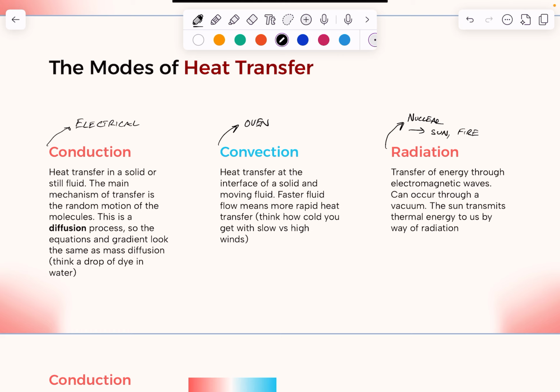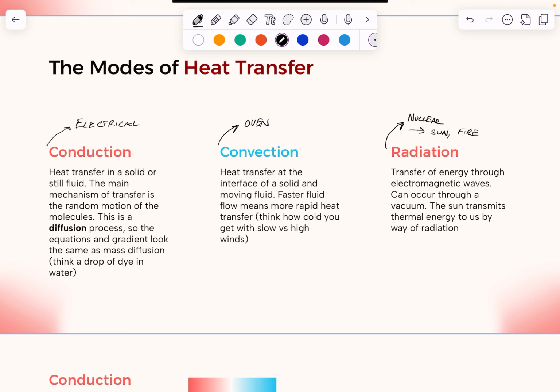You've got heat transfer at an interface of a solid and moving fluid. And that fluid kind of picks up the heat from that solid or distributes that heat to that solid, proportional to how fast it's moving. The best way I can explain it is your body is at something like 98, 97 something degrees Fahrenheit.